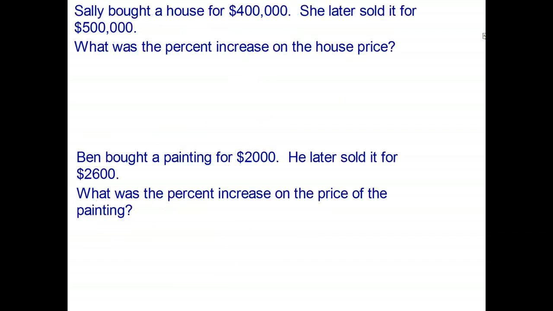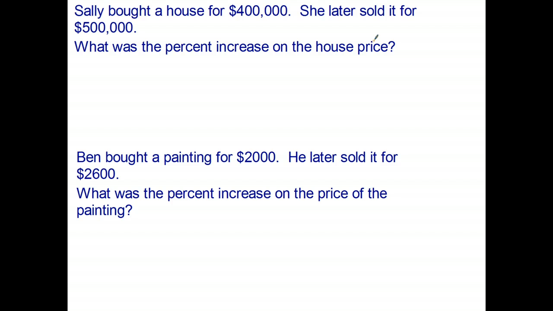Okay, now this is a really, really useful question because it's going to bring into play a very, very important concept. So let's read the question. Sally bought a house for $400,000. She later sold it for $500,000. What was the percent increase on the house price?